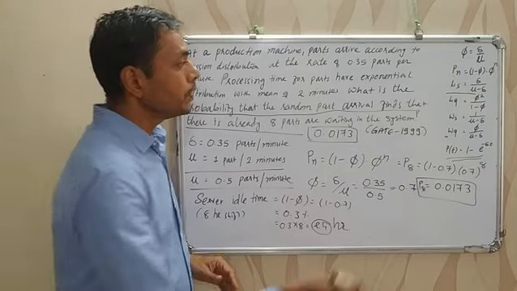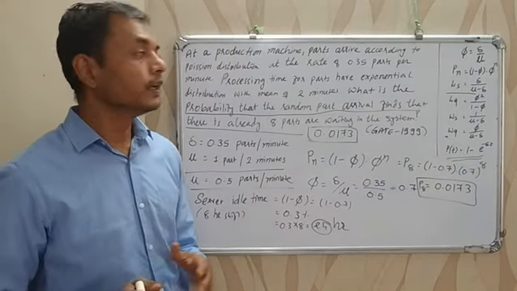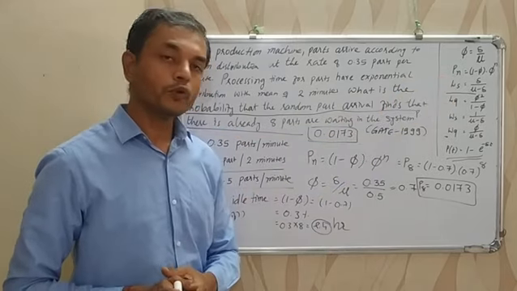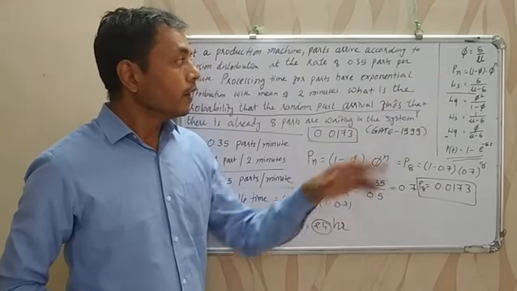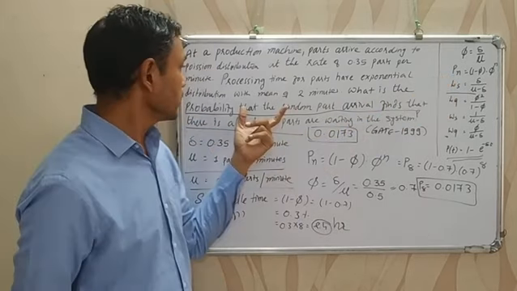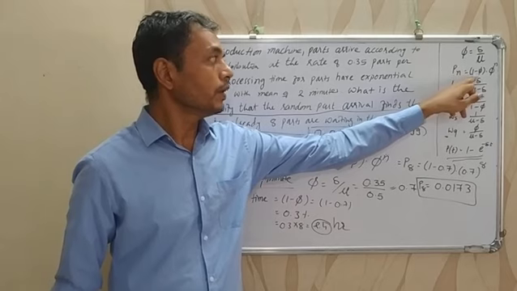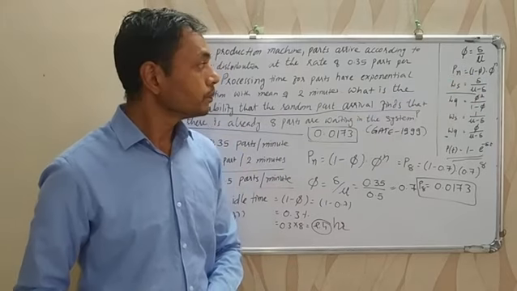So always remember these few equations. First is the utilization factor, equal to delta by mu. Then the probability of n customers waiting in the system; here the ask was 8 parts waiting in the system. It is 1 minus rho into rho raised to n.